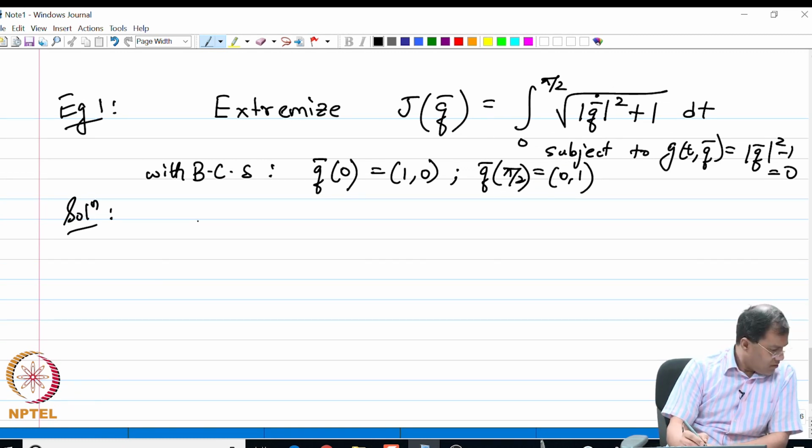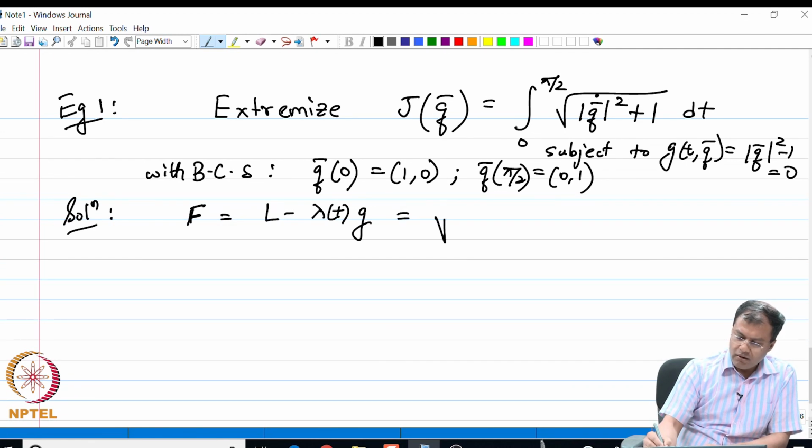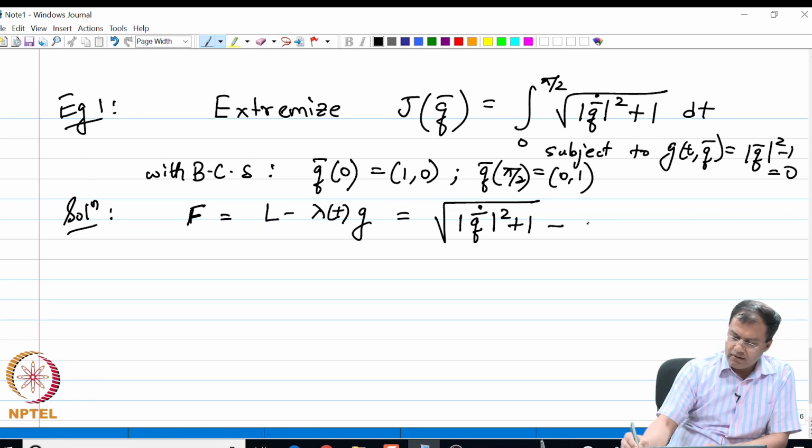Notice that my functional for Euler-Lagrange now is L minus lambda of t times g, and this becomes the square root of mod q bar dot square plus 1, minus lambda of t times q bar square minus 1.